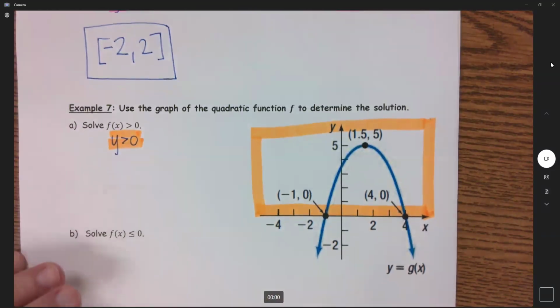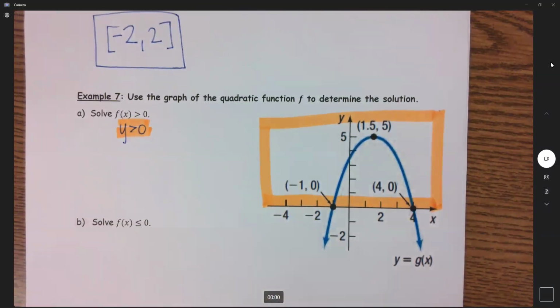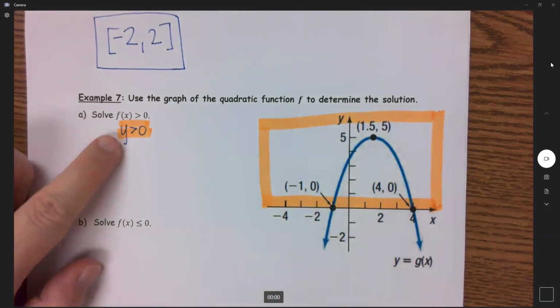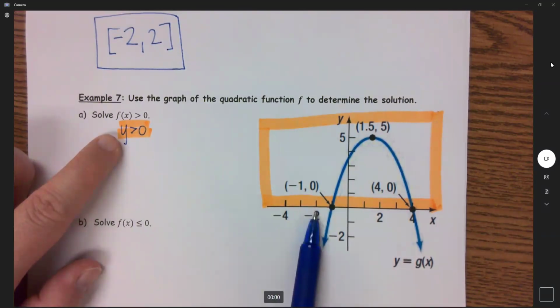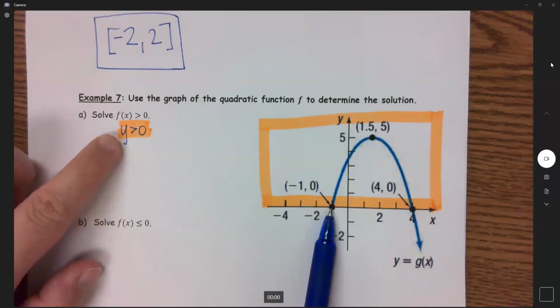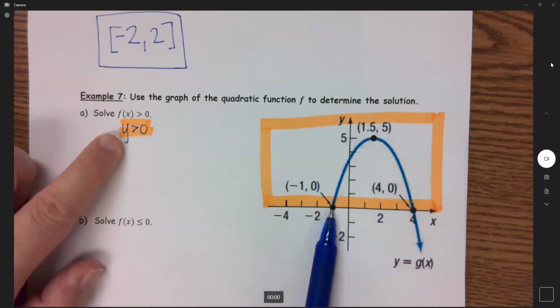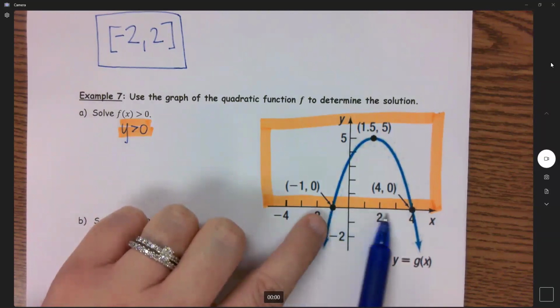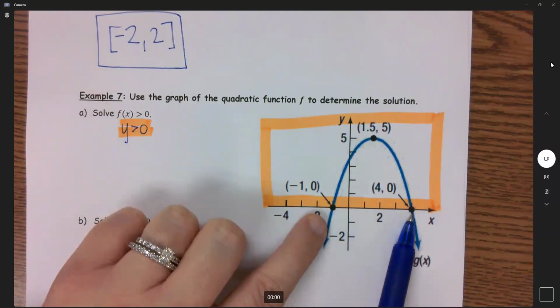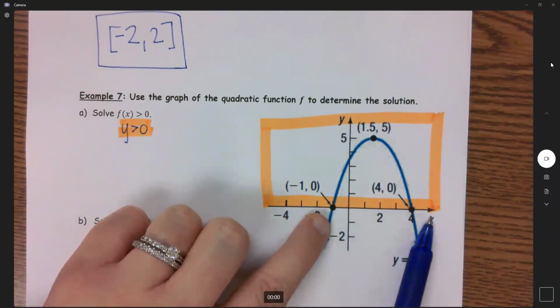So what are the x coordinates, I guess? What are the x values that correlate when y is greater than 0? At -5, it's below. At -4, it's below. At -3, it's below. At -2, it's below. Here, at -1, it equals it. And then it's above at 0, 1, 2, 3, and at 4, it finally crosses, and then it's going to go below at 5.